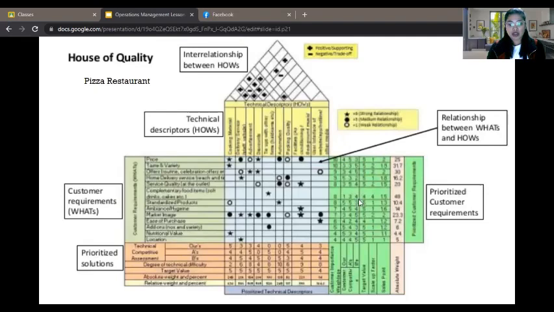Then we have the relationship matrix between the whats and hows. For the competitive assessment, they have the prioritized customer requirements. For the customer requirements, they have the customer requirements as their answer to the whats. And for the specific target values, they have their prioritized solutions.